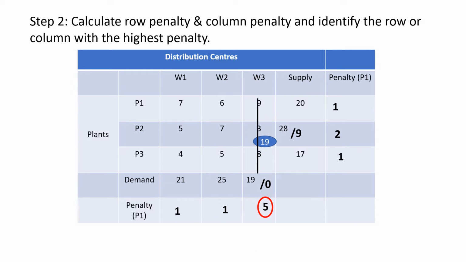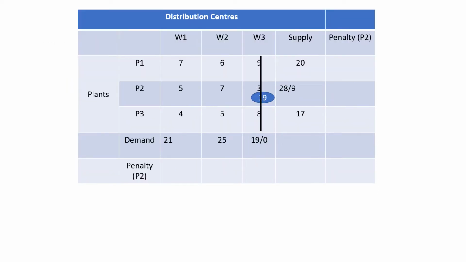Next, we will calculate the second penalty. Penalty 1 I have not shown, but when you do it in your copy, I will suggest that you don't need to draw the matrix again and again.